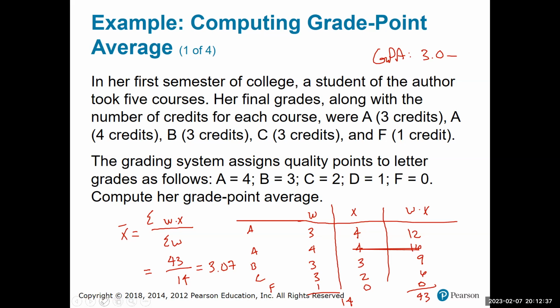And round off rule here, remember, right? So our data values are the number of points you get for each grade. And they're whole numbers. And so normally the round off rule, by the way, would be 1 decimal place. The exception to the round off rule is something like this, where GPA are always rounded to 2 decimal places, right? You never see a 3.1 GPA or 3.074. They're always 2 decimal places.